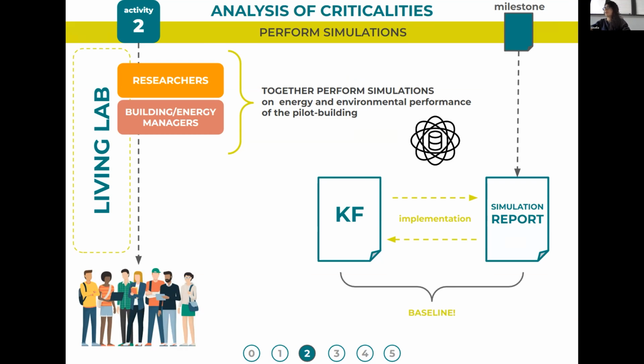Because, as we already said, it is very difficult to find in existing documents, so in a knowledge framework, all the data related to the performance. So simulation allows us to complete the framework, and so to define the baseline.